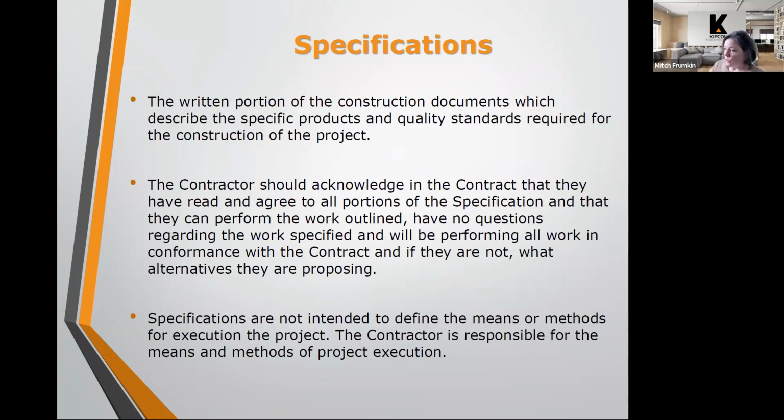That's not what we do, and we'll talk about that a little later, what that division of labor is. But the contractor is responsible for the means of construction, what equipment they're going to use, the methods of construction, how they may shore something or stage something, or protect the area of work. That all falls under the contractor's purview.